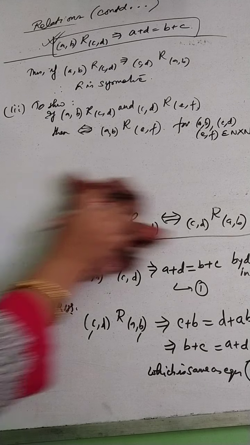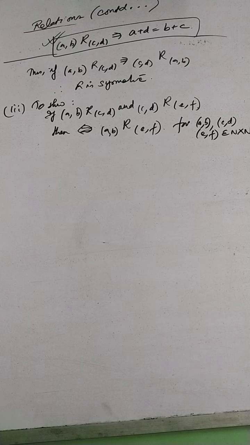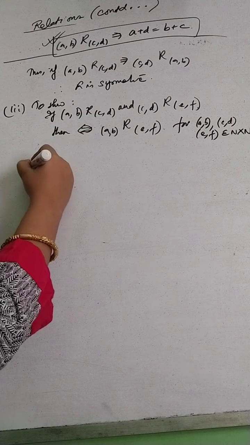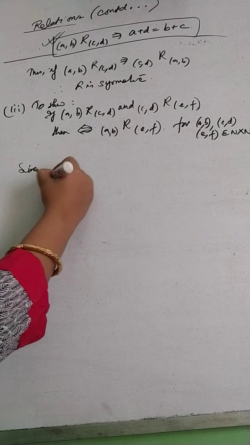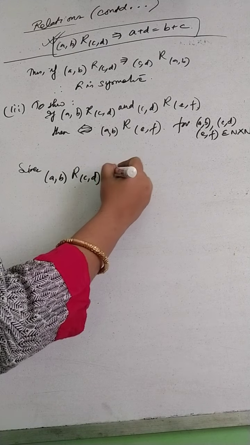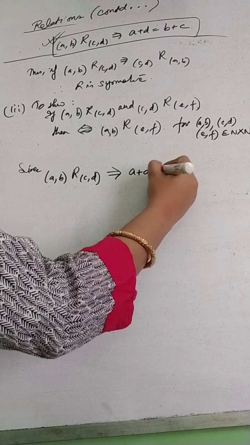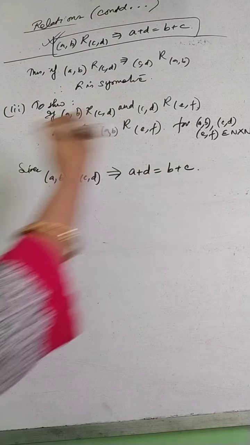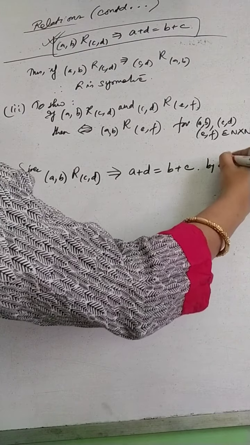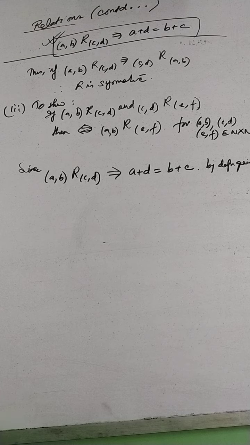Now, since I have assumed that AB is related to CD, you will write, since AB related to CD implies, what does it imply according to this? A plus D is equal to B plus C by the definition that is given.